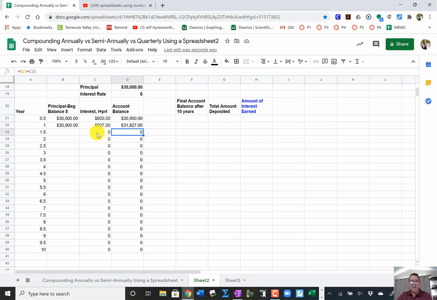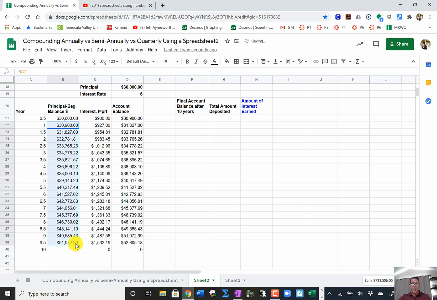There's a zero here because there's no account balance here in B23. There's no interest in C23, so there's no account balance in D23. So these zeros make sense because I haven't copied this formula all the way down. I did this in part 1 of the lesson. So you've got to click and drag and apply the formula all the way down.